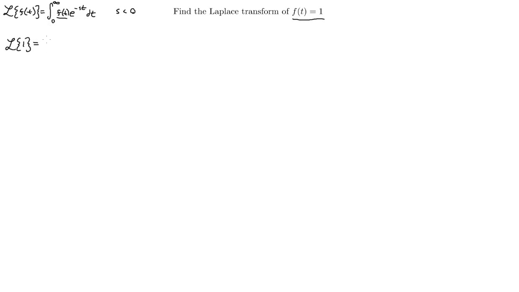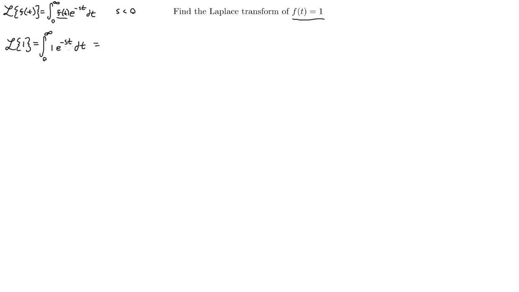So now we basically evaluate this. We'll have the integral from 0 to infinity, and then we'll have 1 times e to the minus s times t, dt.